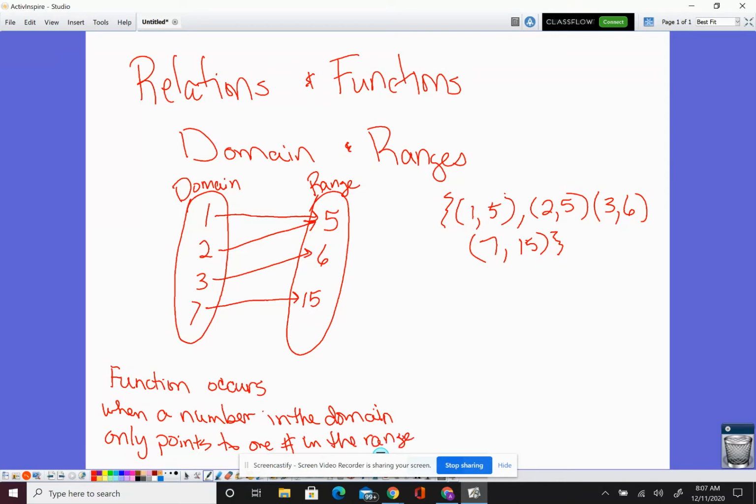So basically, when you're looking at some mapping like this, if this number has one arrow coming out of it and pointing over to a number in the range, we have a function.